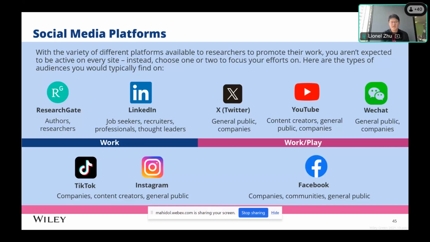Same as LinkedIn and X, Twitter, WeChat, TikTok. I won't say that much because I believe most of you are experts at playing with social media, which I recommend is also a very good platform to get information in the scientific world and communities.